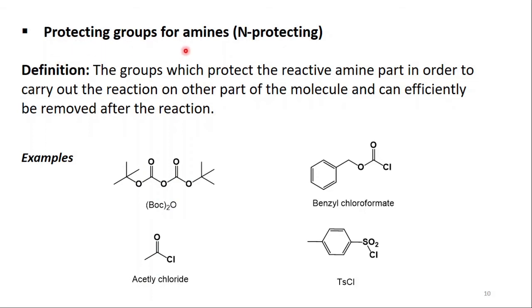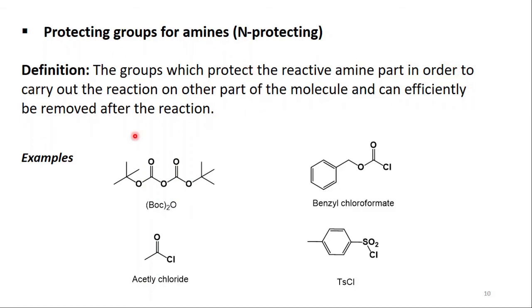From the term you understand, protecting groups are nothing but they protect certain groups to avoid unwanted reactions, or side reactions. They protect certain groups at a certain stage and allow the further reaction to go ahead.